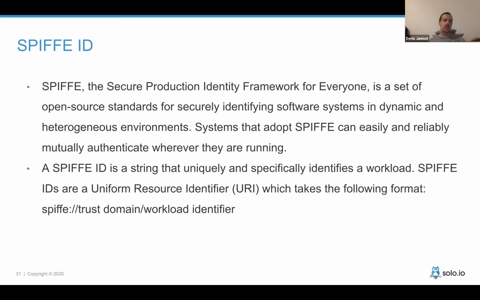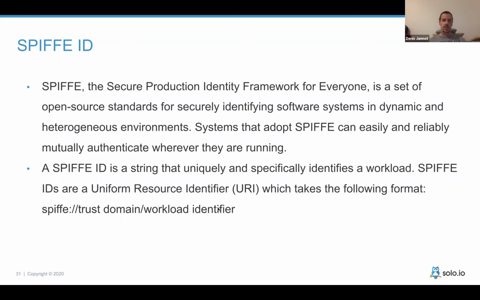So each pod has its identity in the form of a SPIFFE ID. SPIFFE is a standard that stands for Secure Production Identity Framework for Everyone, and it is used in Istio. A SPIFFE ID is in this kind of format: spiffe://, trust domain, and workload identifier.